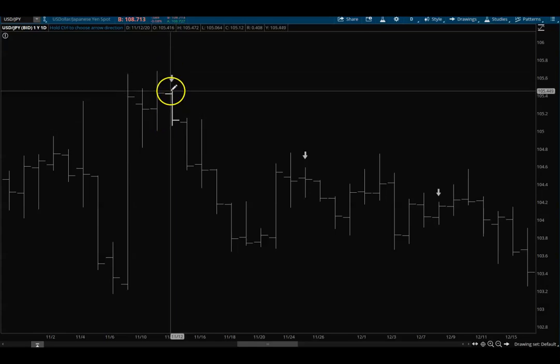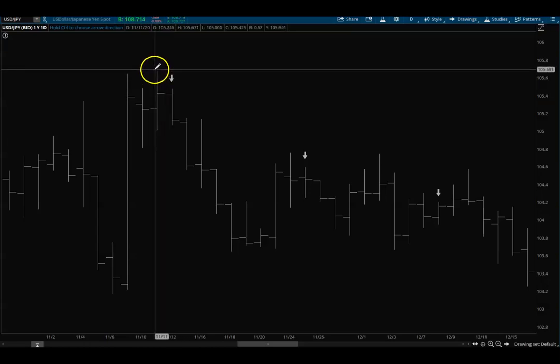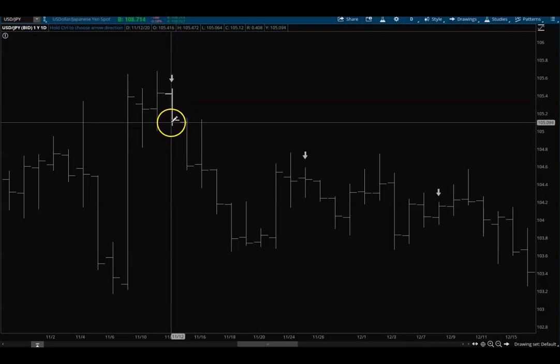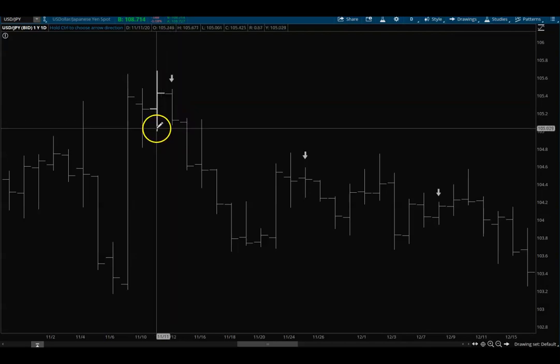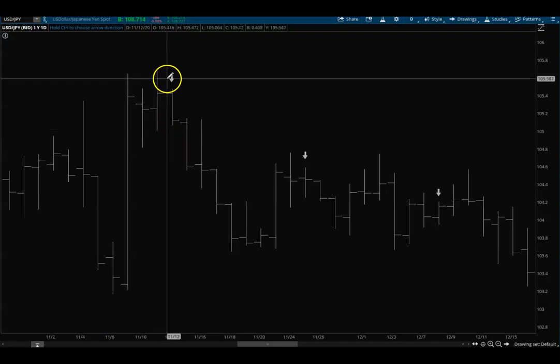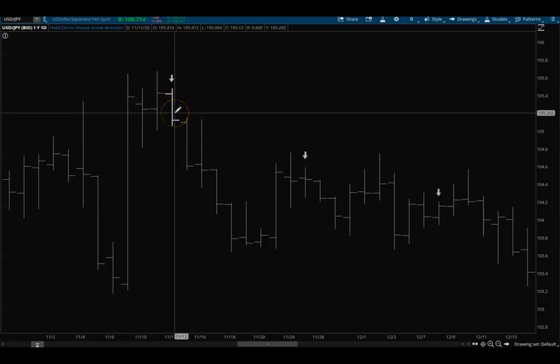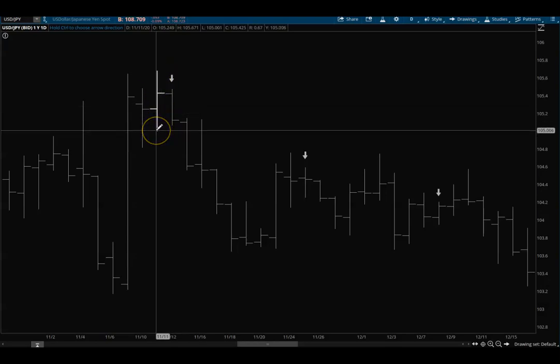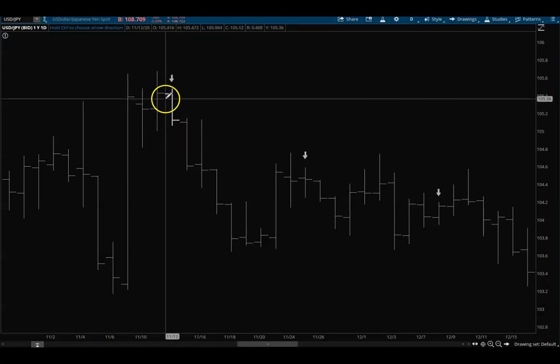Well, you can see the high of today closed lower than the prior high, and the low of today closed higher than the prior low. We call that an inside day, right? It's inside the high and the low price range of the prior day.